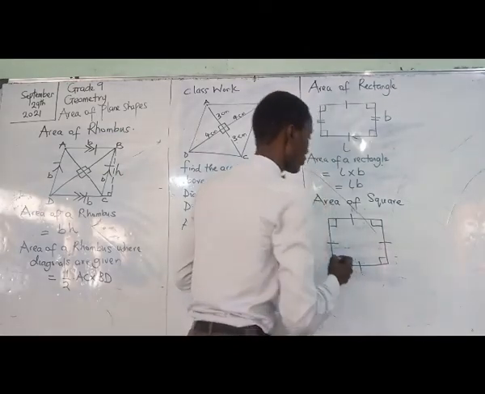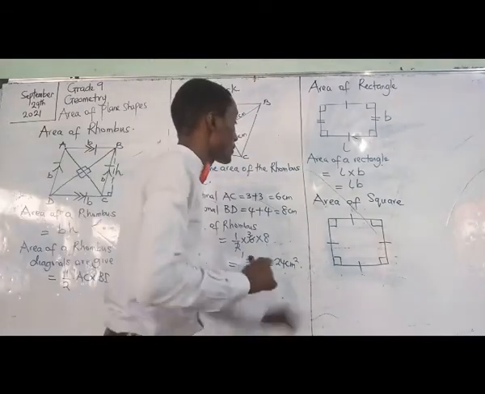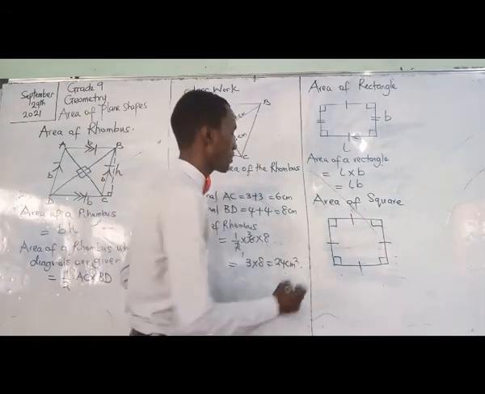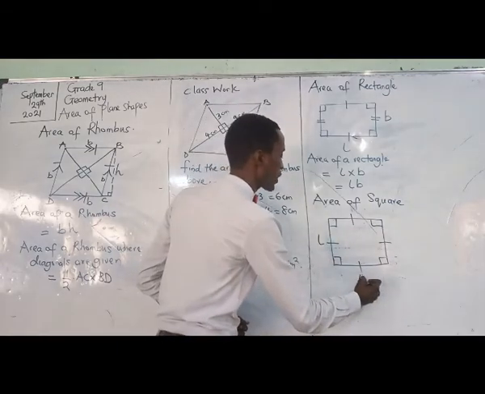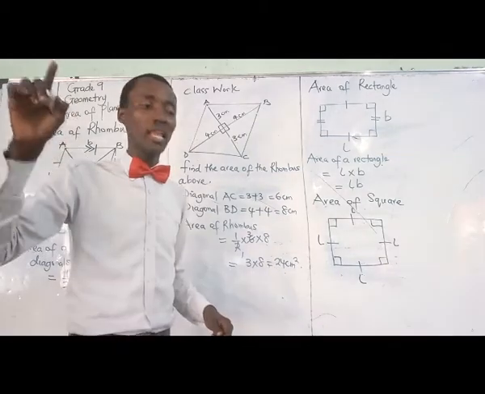Right. So let's draw that quickly. Alright. So the area of a square will be given by, remember that because we said all sides are equal, we expect all sides to have the same length.